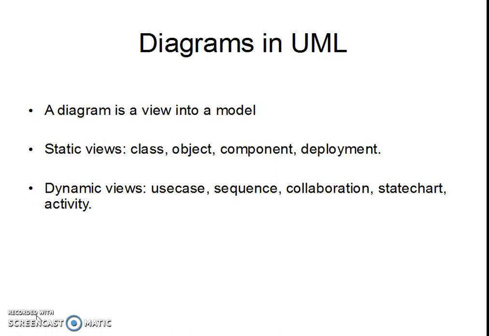Basically, the static view represents the structural diagrams that represent the static aspects of the system. And the dynamic view, like the use case diagram, sequence diagram, collaboration diagram, state chart diagram and activity diagram, represents the dynamic nature, the behavioral aspects of the system.